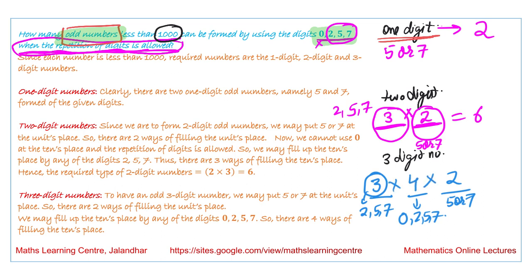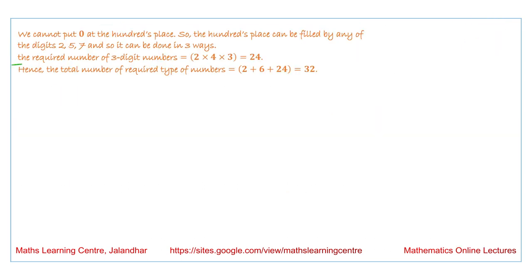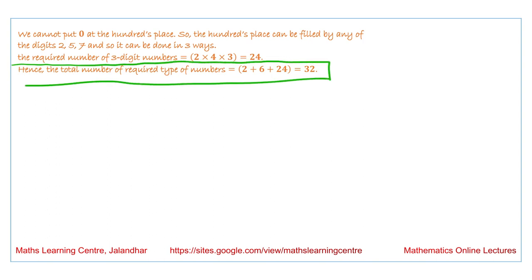So the total number of ways is 3 into 4 into 2, that is equal to 24. So the total number of required numbers is 2 plus 6 plus 24, and the answer we obtain is equal to 32.